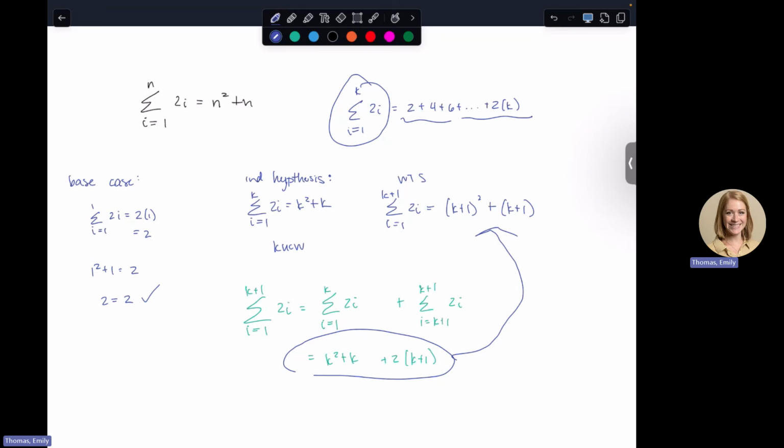So you can plug in the first couple of things to see what the pattern is and write it out long instead of using the summation notation. You don't like this? I like the summation. Yeah. This is the sum of the first k even integers. 2i is the sum of the first k even integers, right?